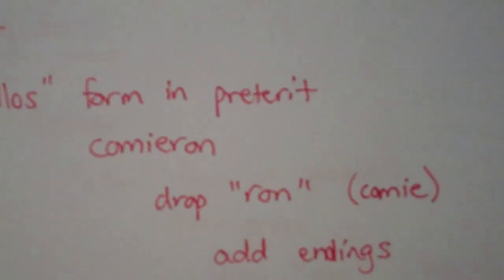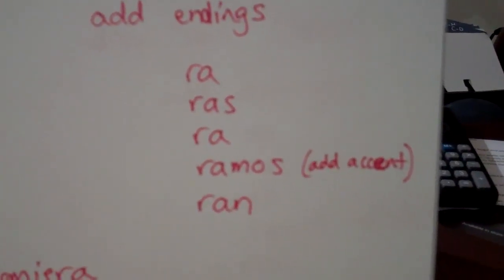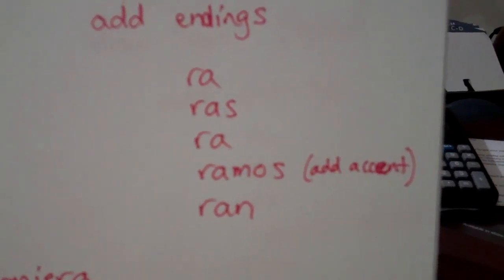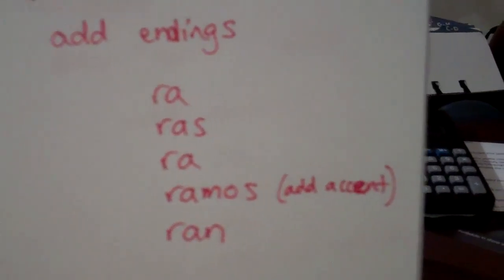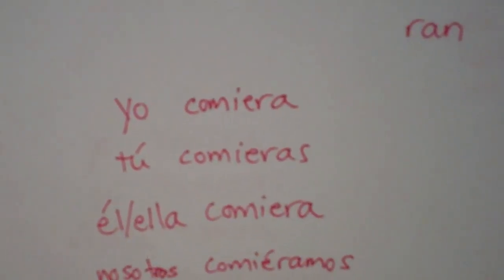We're left with comie. We'll add our imperfect subjunctive endings, ra, ras, ra, ramos, ran, remembering to add that accent to the nosotros form. And then we're left with comiera, comieras, comiera, comiéramos, comieran.